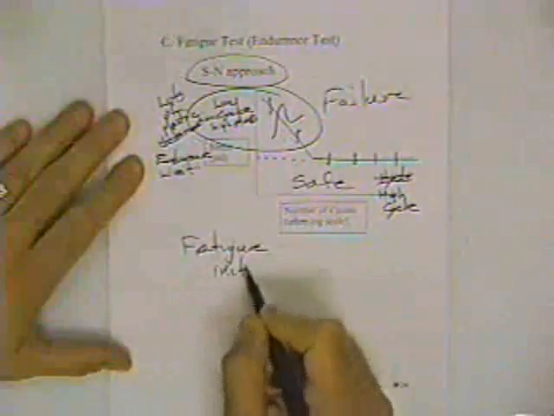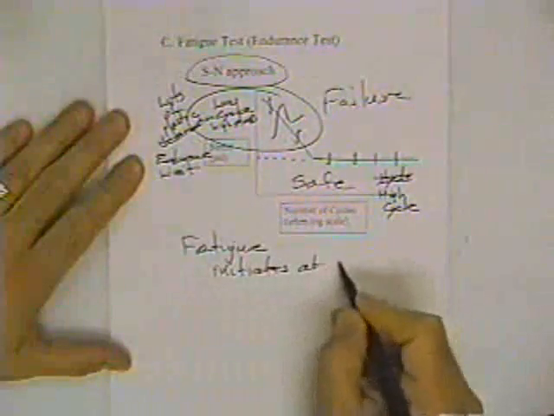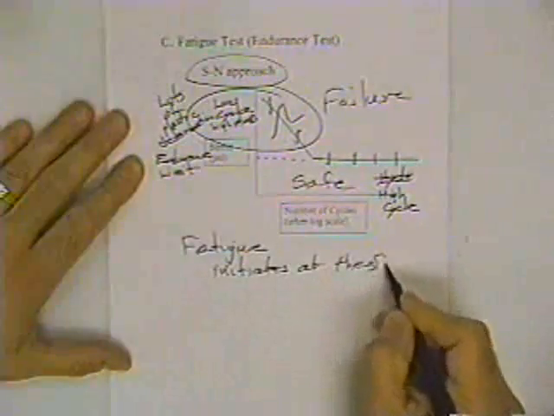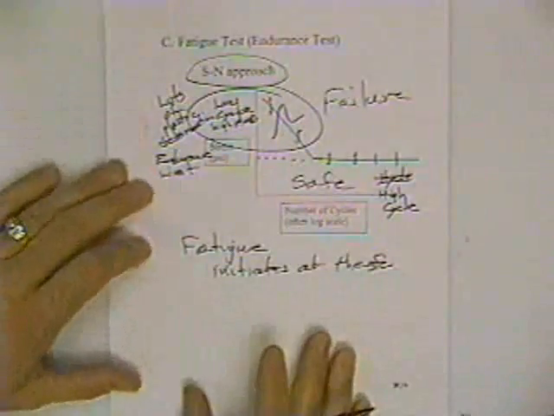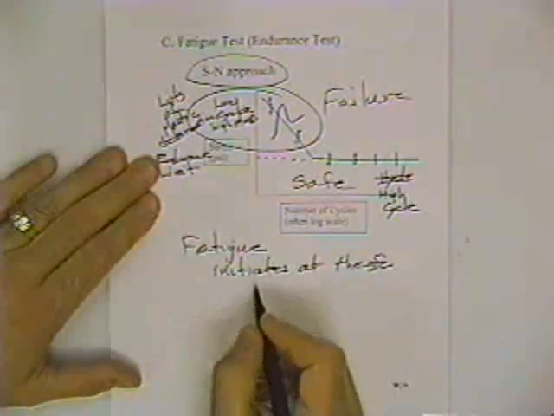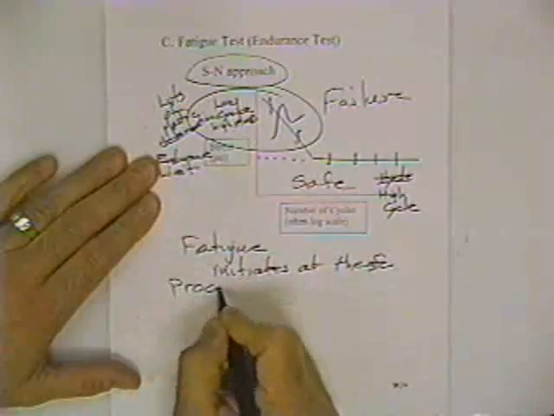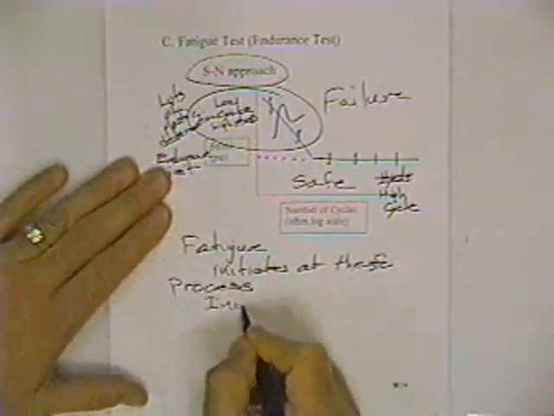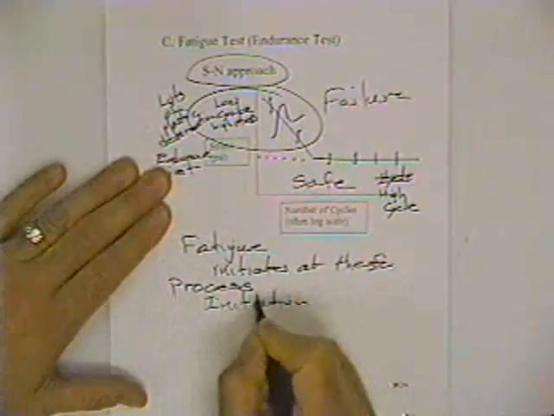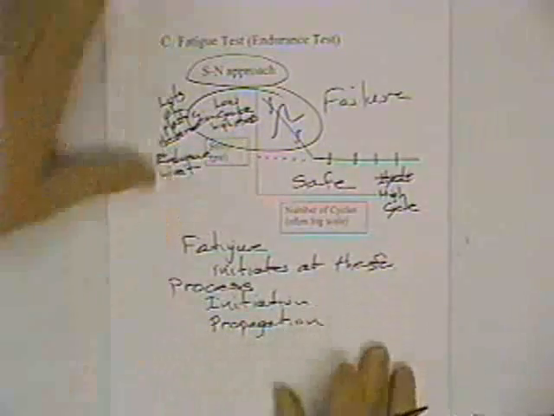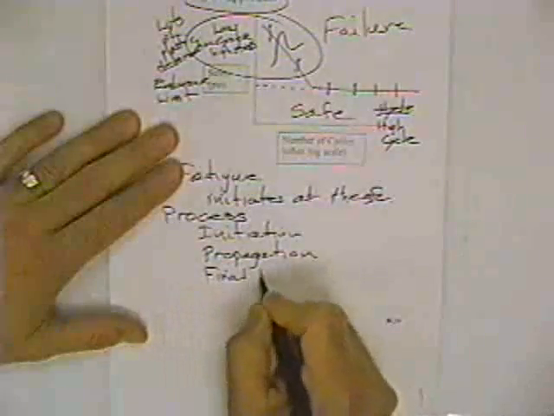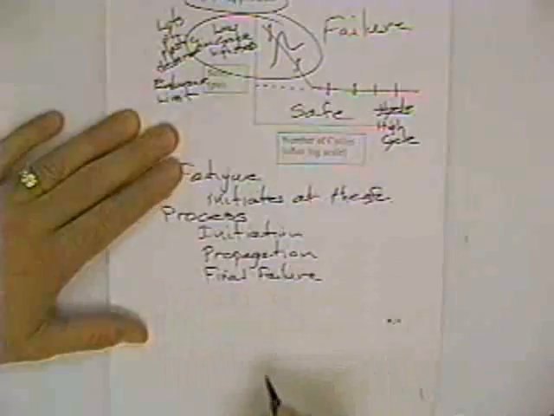The fatigue initiates at the surface, so it's a surface phenomenon. It can be at a hole, a stress riser, a variety of different steps. So the process is initiation, propagation, and some people include a slow and a fast step, but propagation and then final failure.